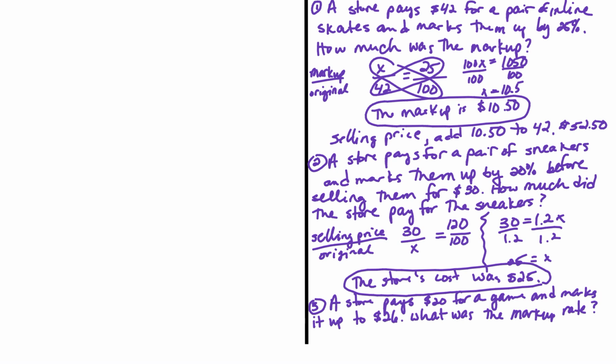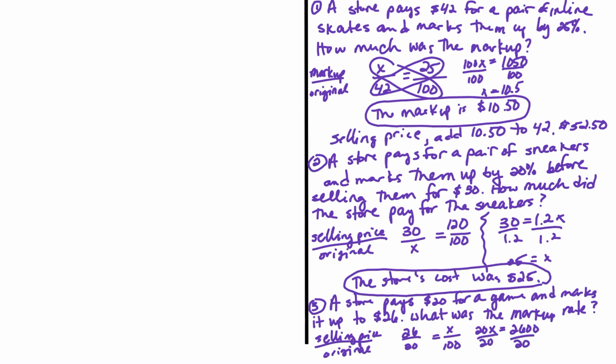But I'm basically going to say if $26 is the new cost, I'm still looking at selling price compared to original. And it's 26 compared to 20, so that's what percent of the original? Let's use cross multiplication here to say that 20 times X is equal to 26 times 100, which is 2600.